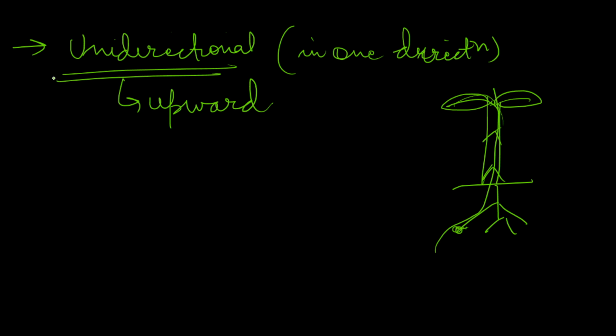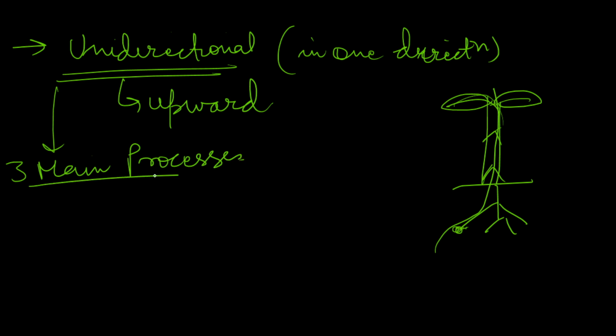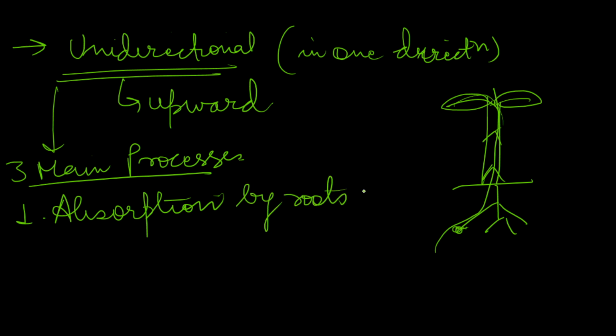Okay, and it occurs through three main processes. There are three main processes in conduction of water through xylem. First one is absorption by roots. Obviously, first of all, water gets absorbed by roots through root hairs. Okay, at this region.